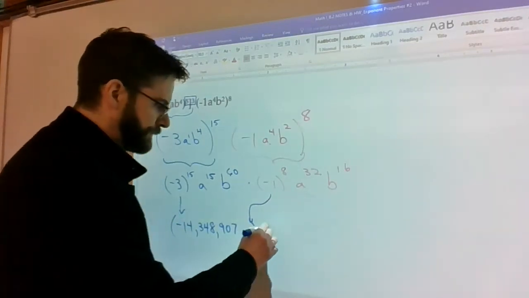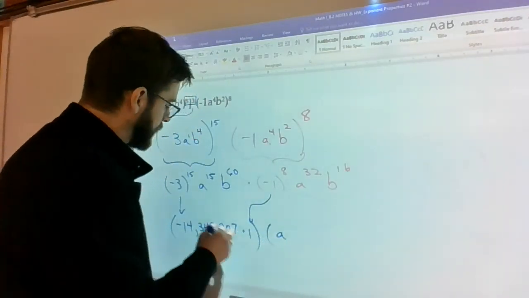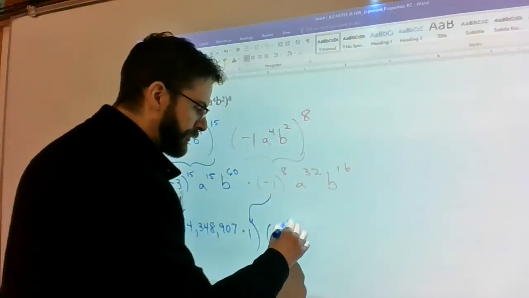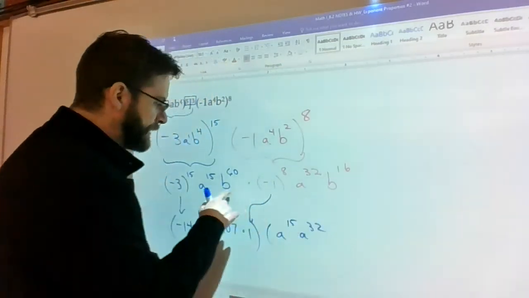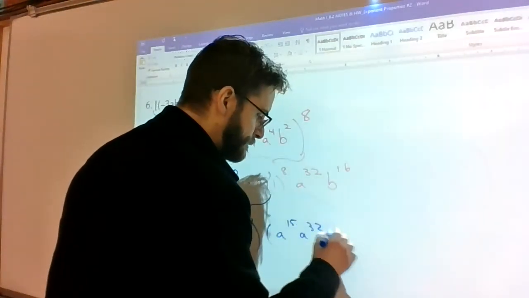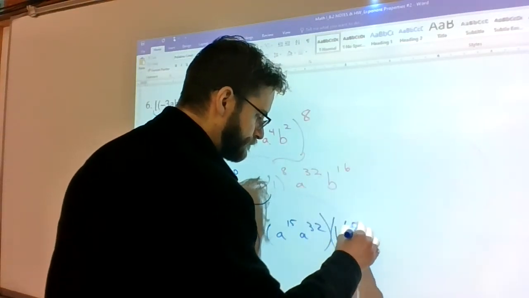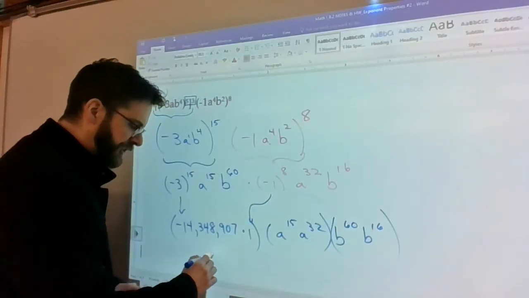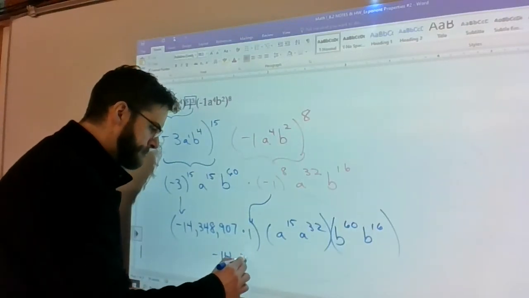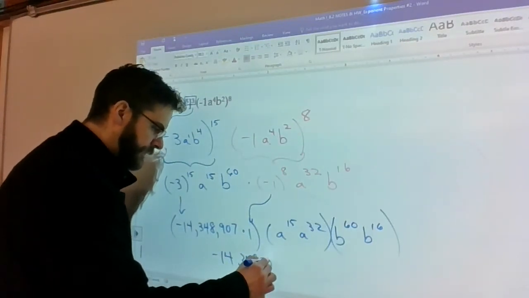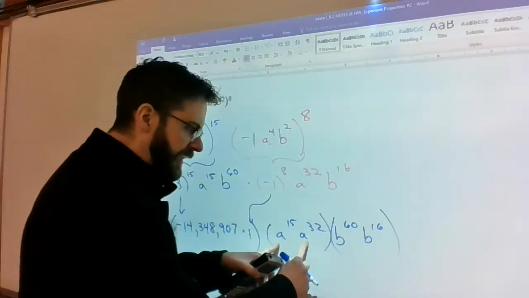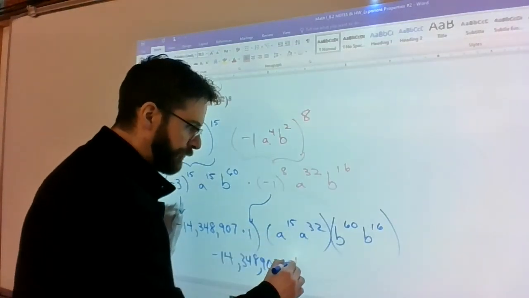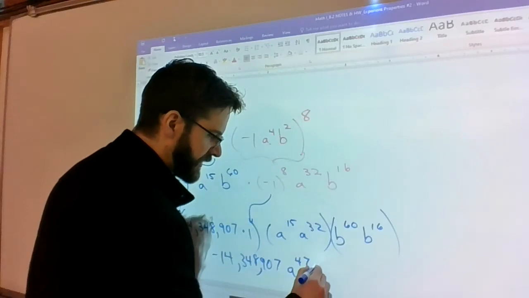But, you know, just to be absolutely clear. And then you get a to the 15, a to the 32, b to the 60, b to the 16. And then I multiply my coefficients, big number. Add the exponents for the like bases. A to the 47, b to the 76.